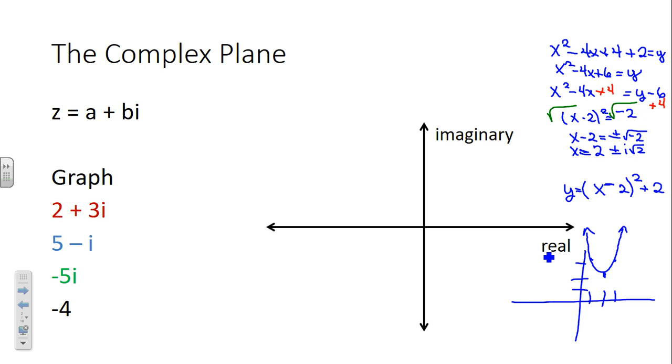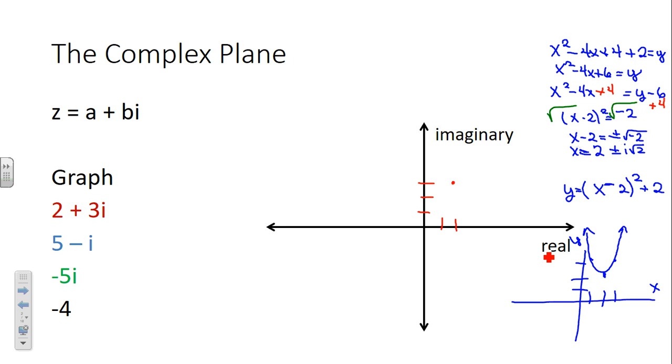So, when we want to display this, we have to change from our x, y graph coordinate system, right, to a real and imaginary coordinate system. Okay? So far so good? So, if I wanted to graph this new complex number, 2 plus 3i, on this real imaginary coordinate system, this complex coordinate plane, what do you think I would do? 2 to the right and 3 up.